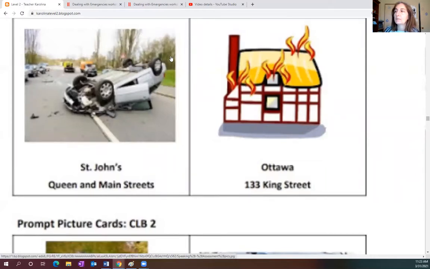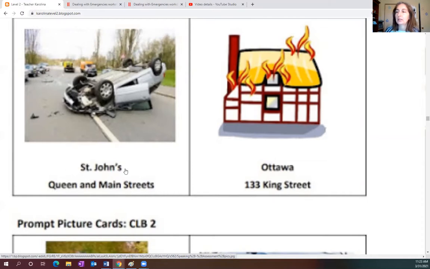And then you say ambulance and police for this one, for example. And I say, okay, so what's the emergency? You say there was a car accident. And then I say, what's the address? And then you will tell me Queen and Main Street.